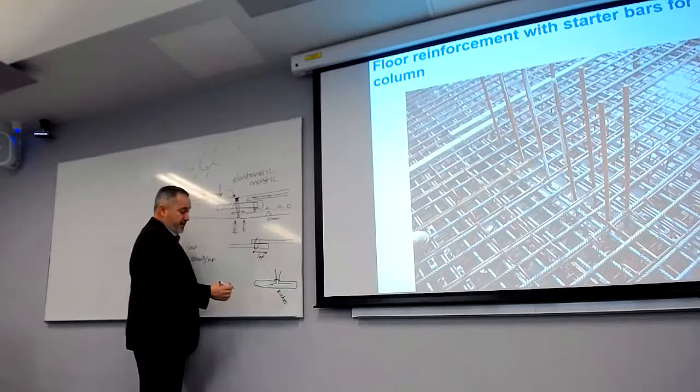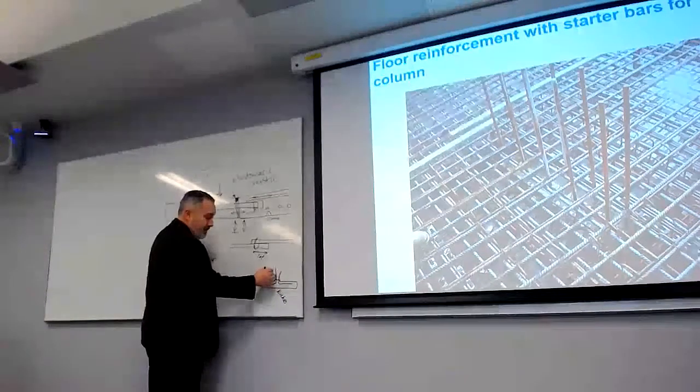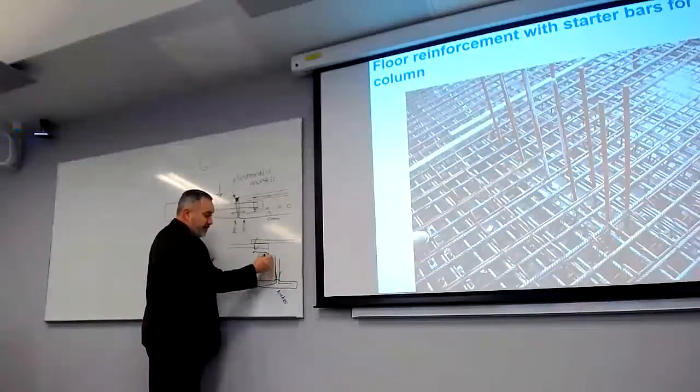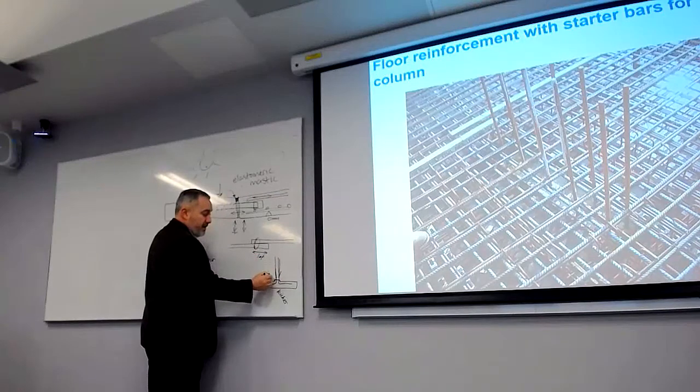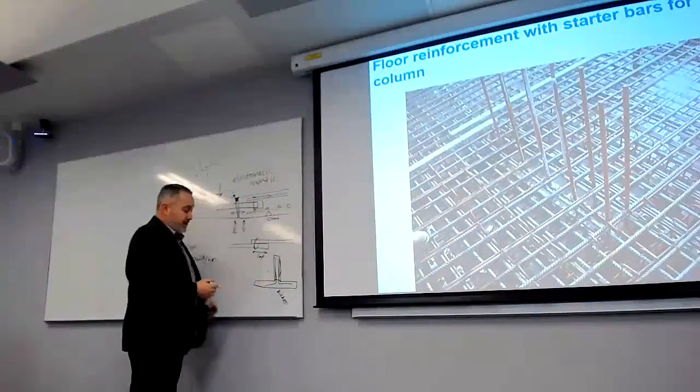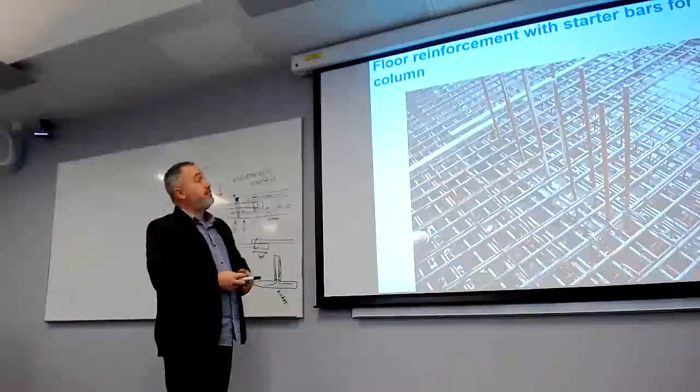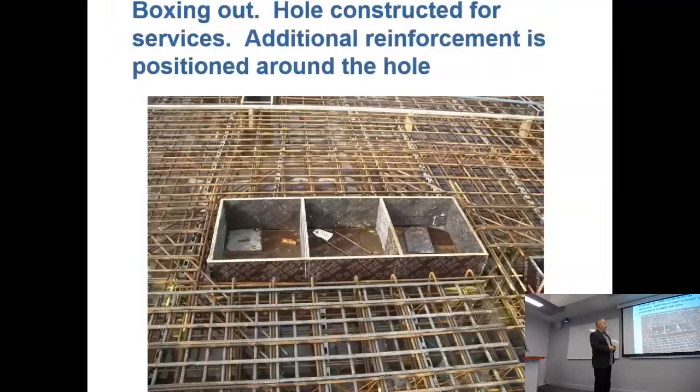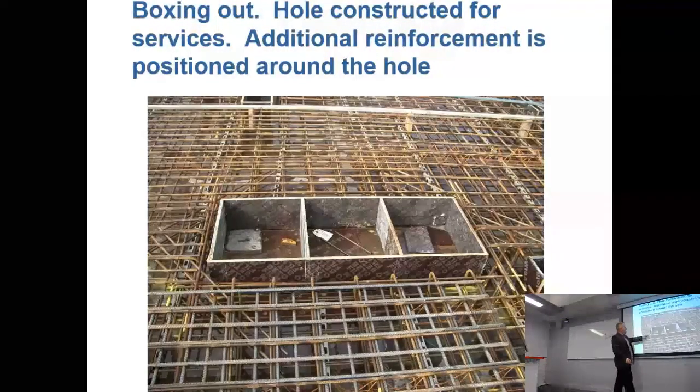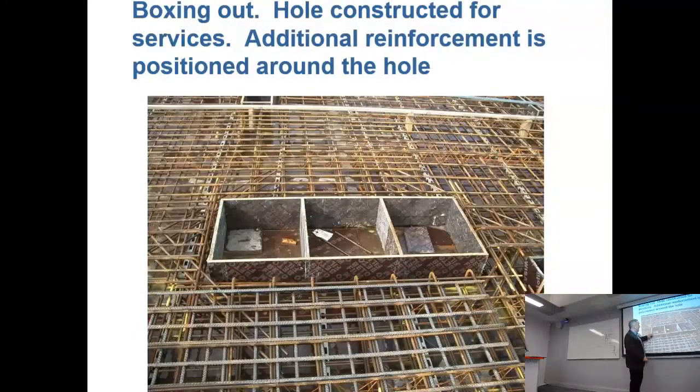And they put reinforcement in place for the column, and then they cast the column. So they're starter bars. Again, there's another example of boxing out, which can be timber and polystyrene for surfaces.